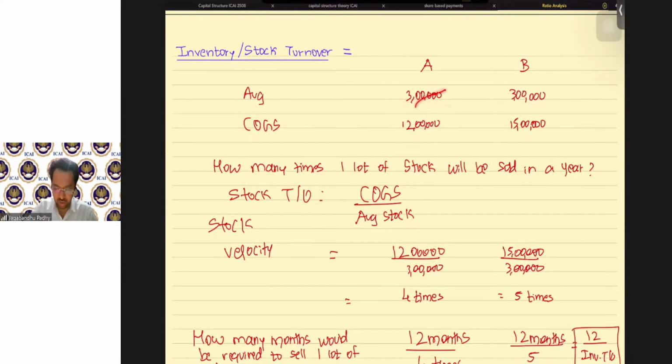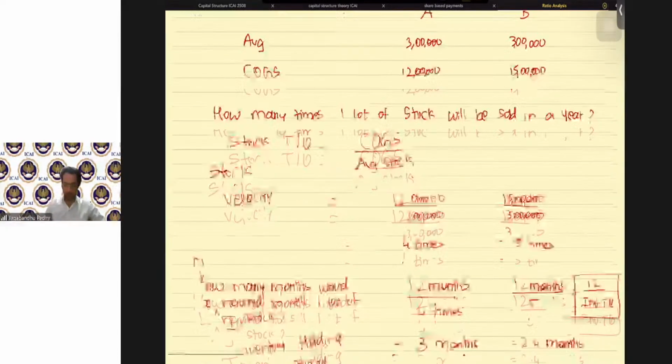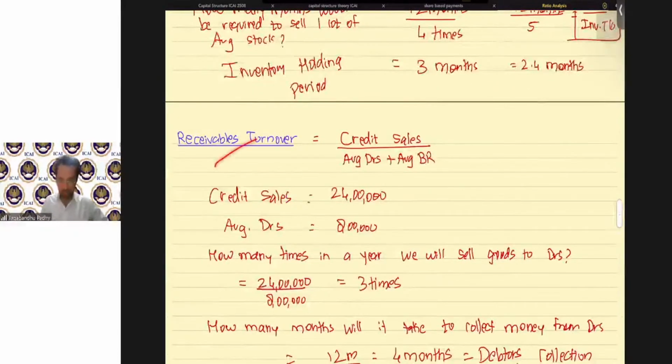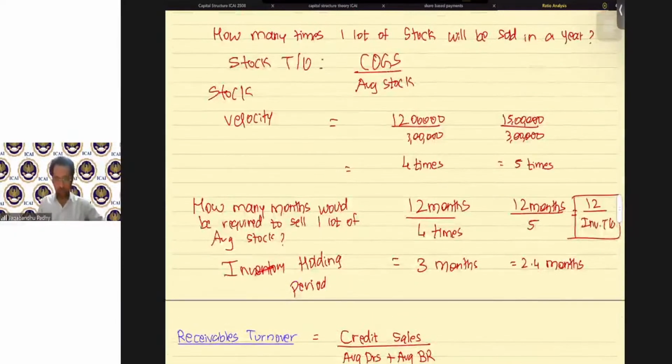So that simply said that we were selling 4 times of our average stock, and for B, it was 5 times of the average stock. Same way it was receivables turnover. Even you can get the inventory holding period in number of months or in weeks or in days also.